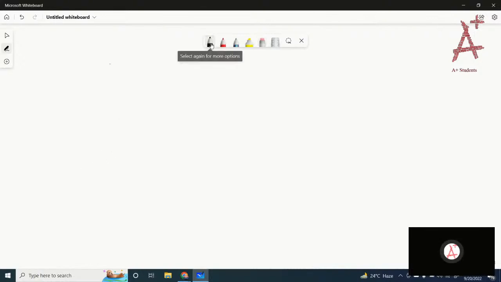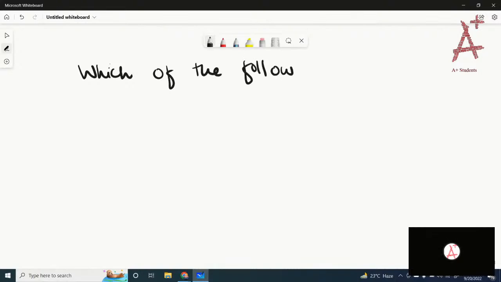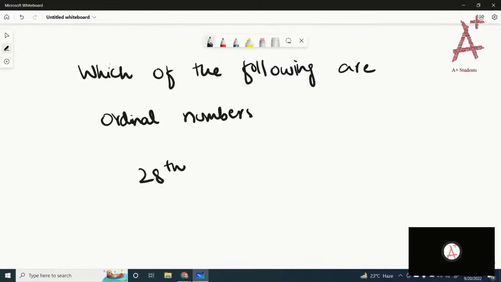The first one is: which of the following are ordinal numbers? You are given three options: 28, 56 and 38.